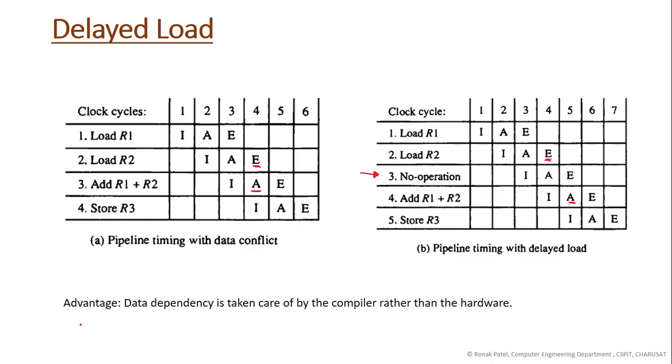And the advantage of this is that data dependency is taken care of by the compiler rather than the hardware. It's the compiler, when it converts your high level language into lower level language, that will do it for you.